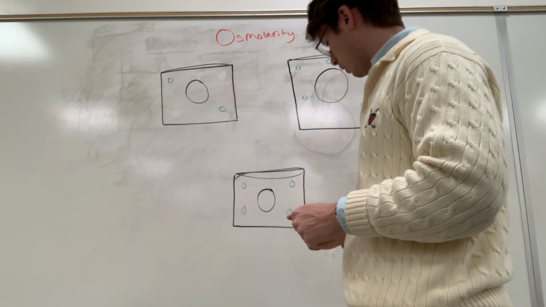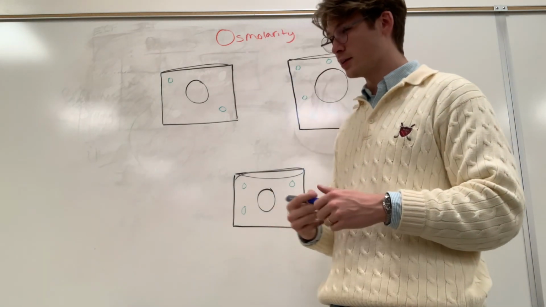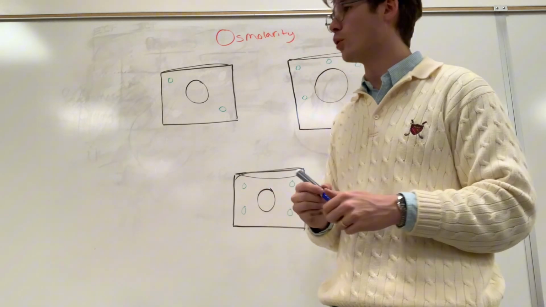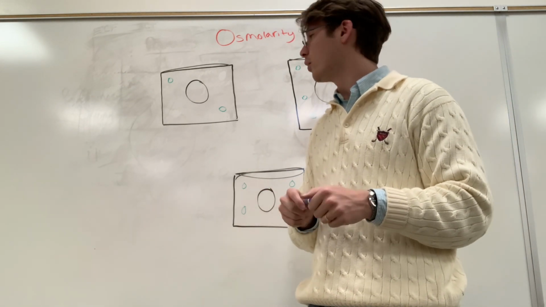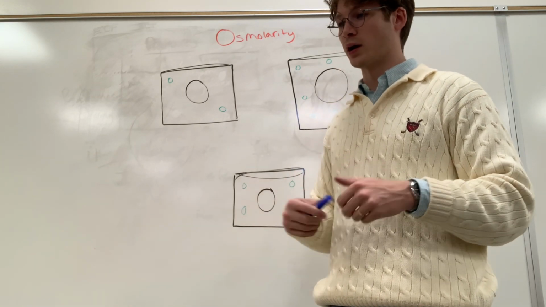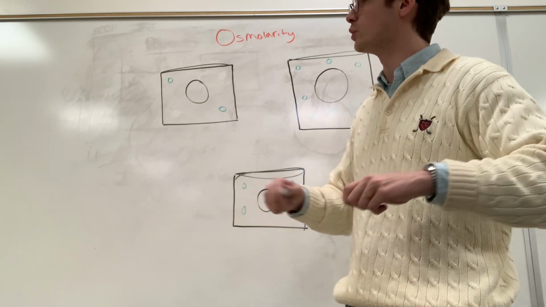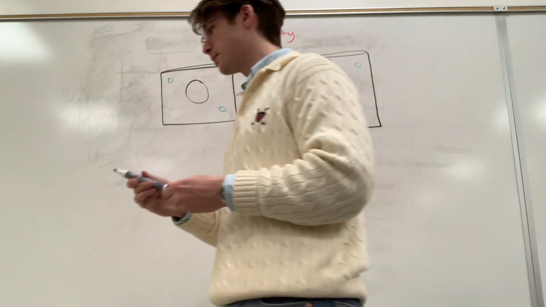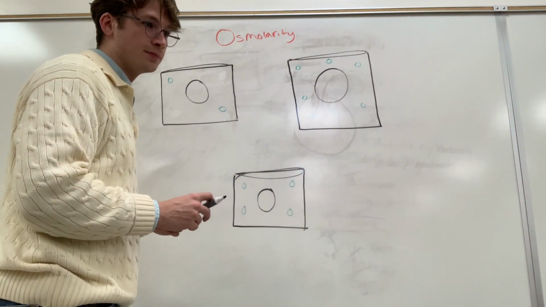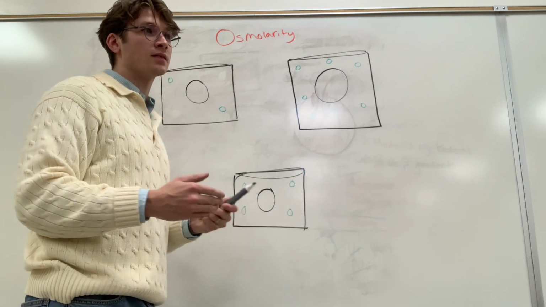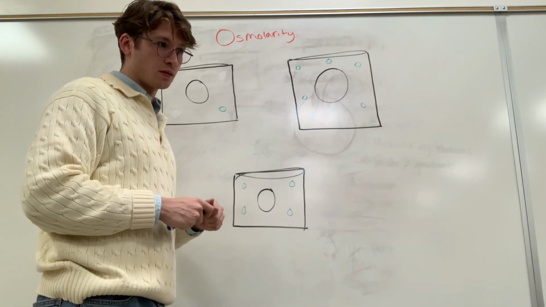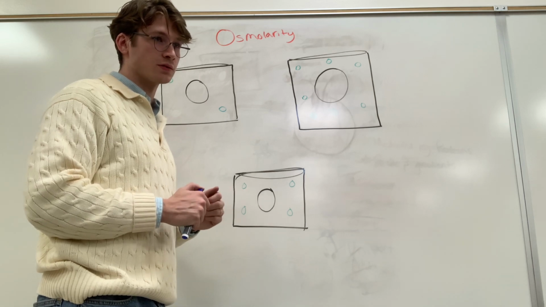Osmolarity: our cells have a default amount we call milliosmolar, about 300 milliosmolar in our body. This is just referring to a number associated with the homeostasis within those cells.